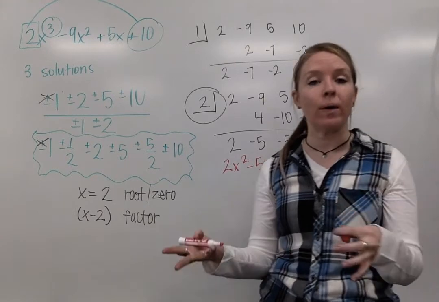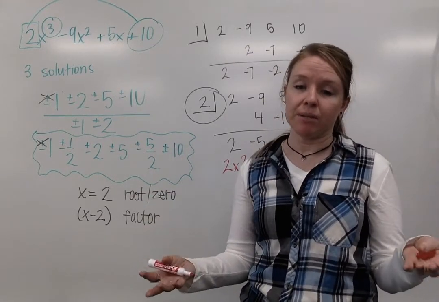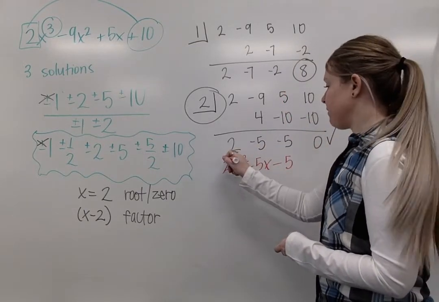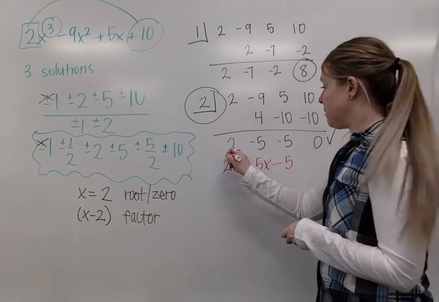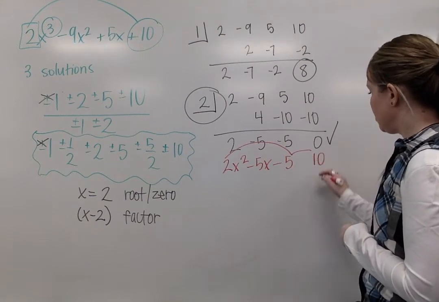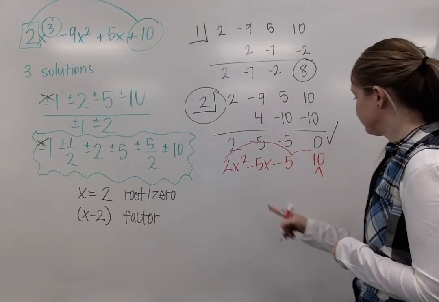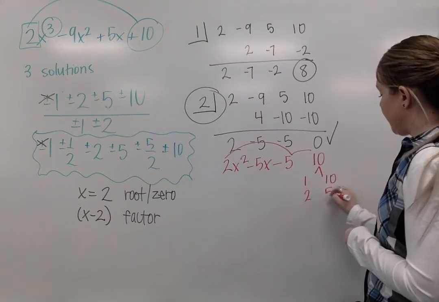We could keep going at this point and keep testing our roots, but I'm going to show you a helpful hint. Now that I know this, if I were to try to factor this using the skills we learned in Math 2, I'm going to take 2 times 5, and I get 10. What are the factors of 10 that will combine to be -5? Our factors of 10 are 1 and 10, 2 and 5.